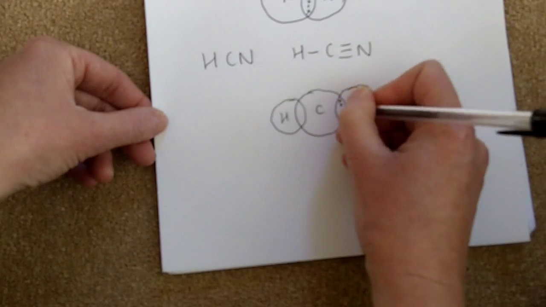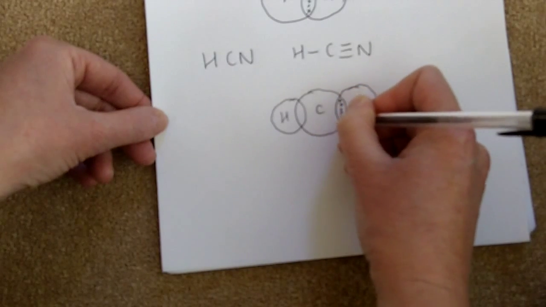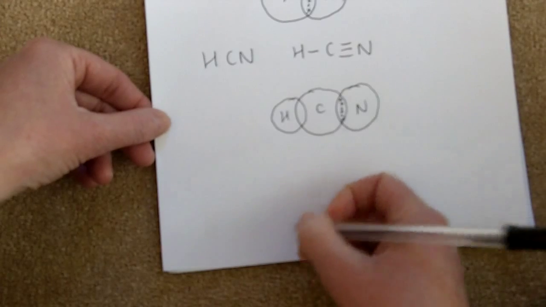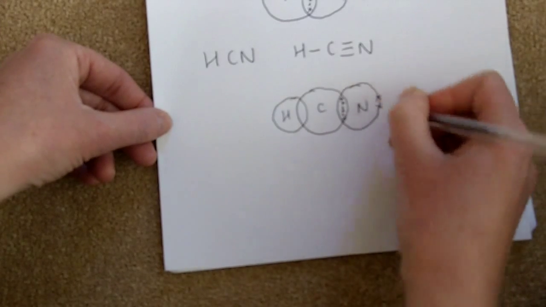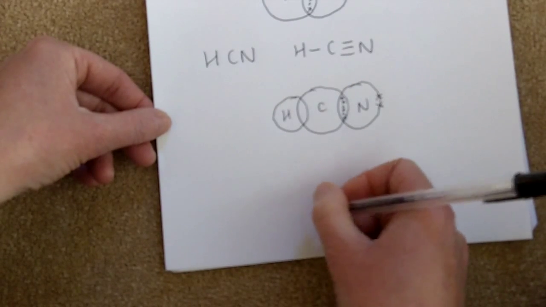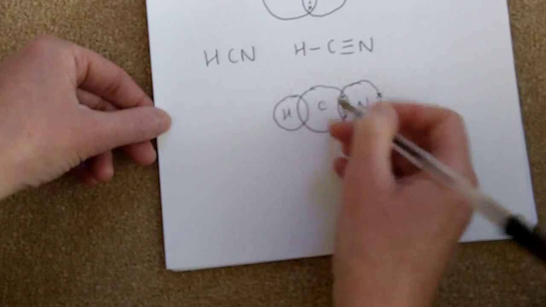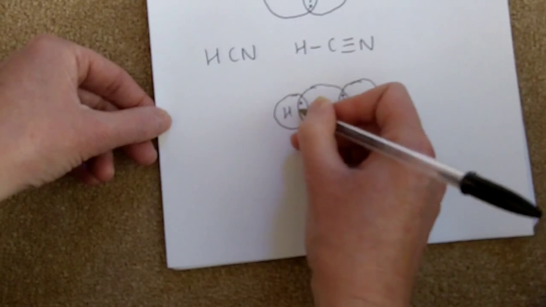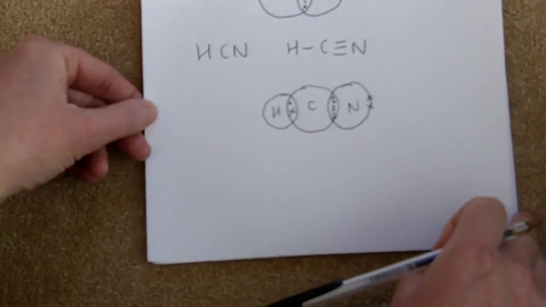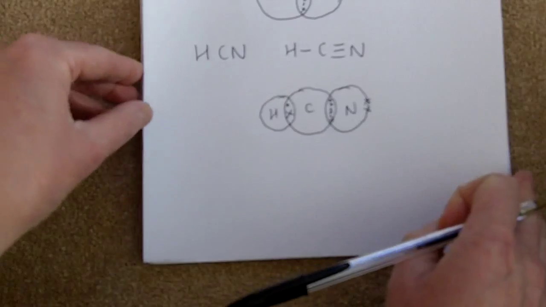So dot cross, I've not left enough room, dot cross, triple bond. Nitrogen's got 2 electrons left over. Carbon has 1, 2, 3 dots, carbon's got another dot, and then hydrogen's got a dot as well. And that's dot and cross diagrams.